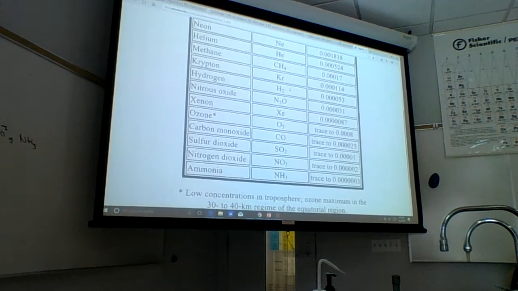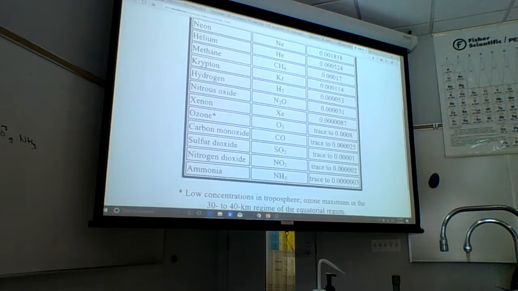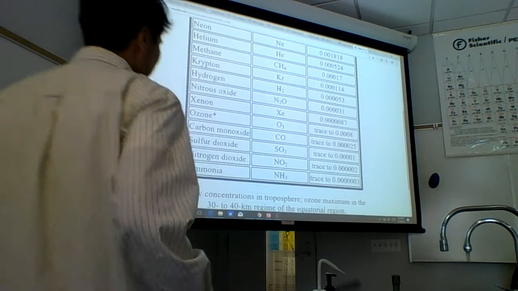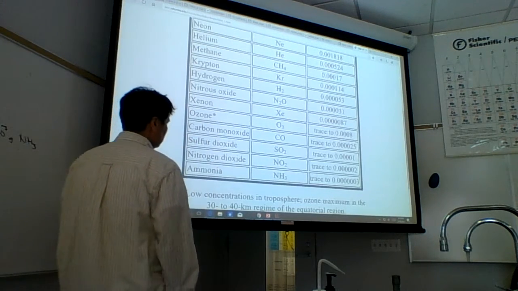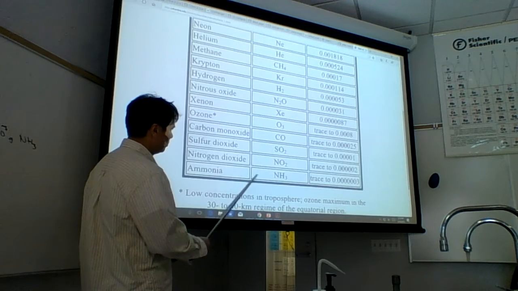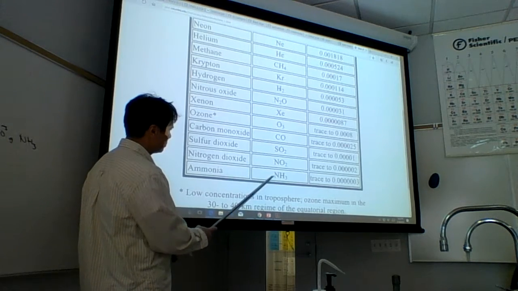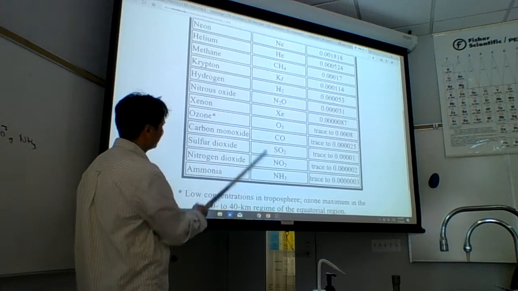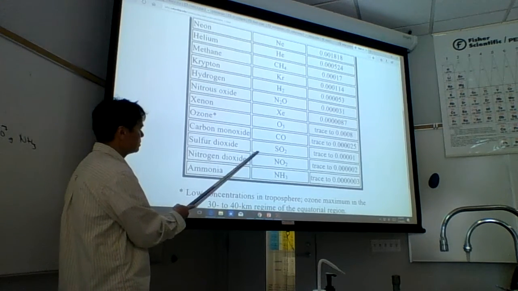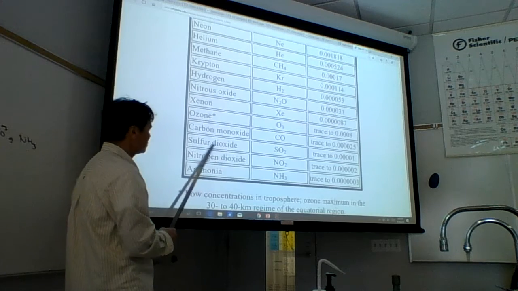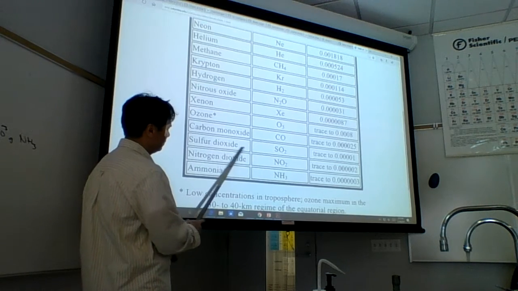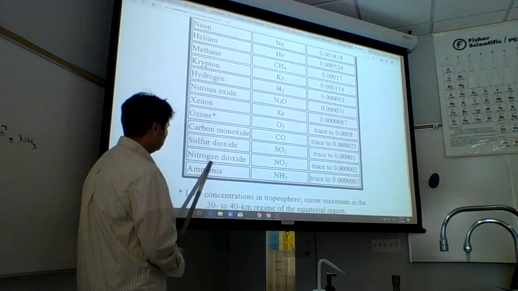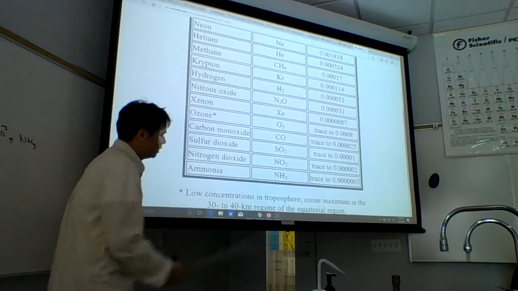The water vapor amount depends on the humidity. Humidity is all over the place depending on if you're close to a body of water, what coast you're on, east coast and west coast, and so on. These are pretty much trace: ozone, carbon monoxide, sulfur dioxide. Actually, in Hawaii, sulfur dioxide is probably very high right now. Oxides of nitrogen, ammonia.